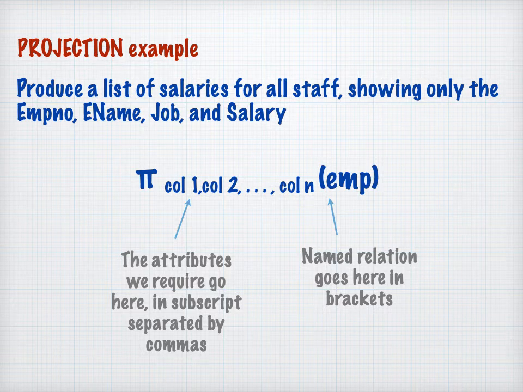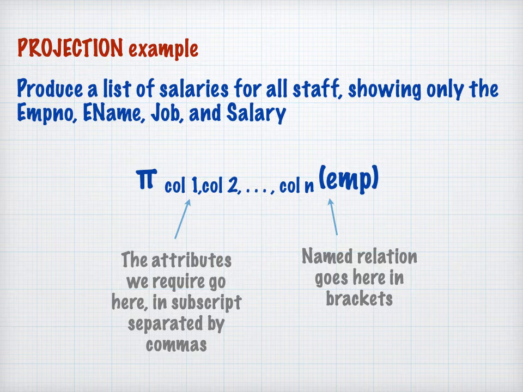This notation suggests that we're applying the projection operation onto the emp table, so we put a pi right at the front. We're going to extract certain columns out of the emp table. All we do is write down the particular columns we're interested in, the attribute names of those columns, separated by a comma.